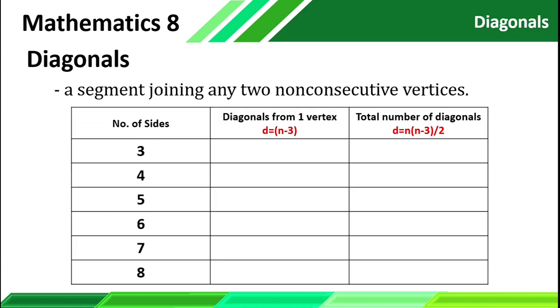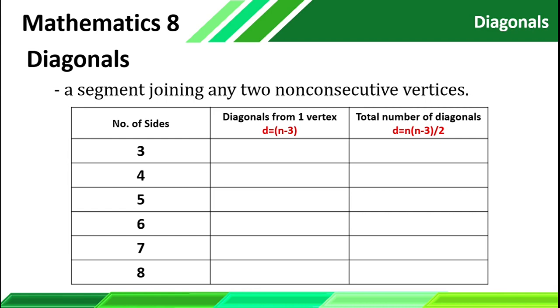Now let's focus on diagonals. Earlier we discussed that a diagonal is a segment joining any two non-consecutive vertices. There are two kinds of diagonals: diagonals from one vertex and the total number of diagonals. These are the diagonals that you can connect with any two non-consecutive vertices.